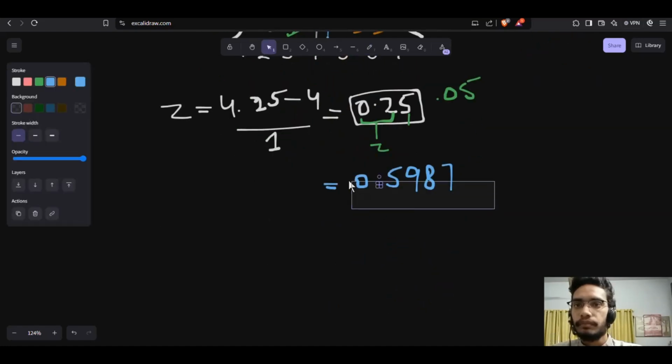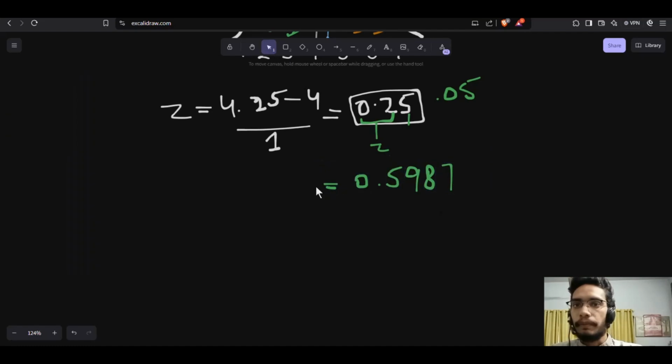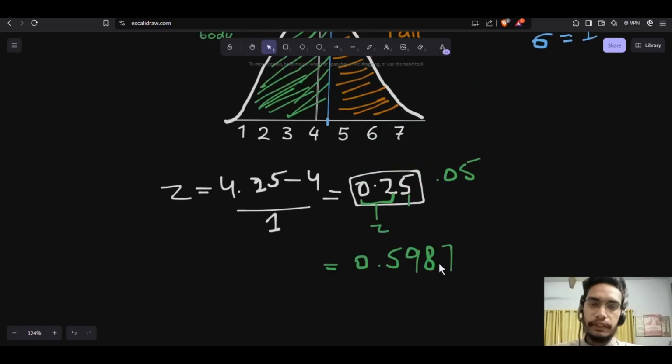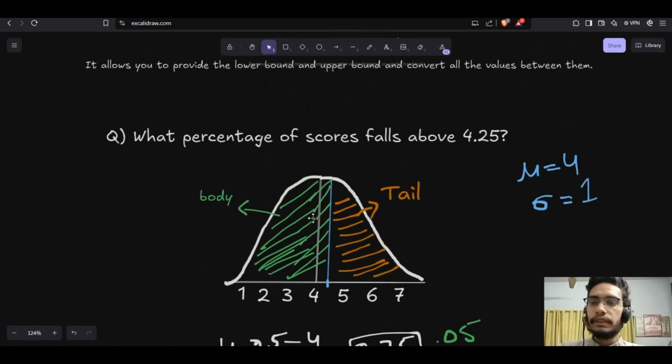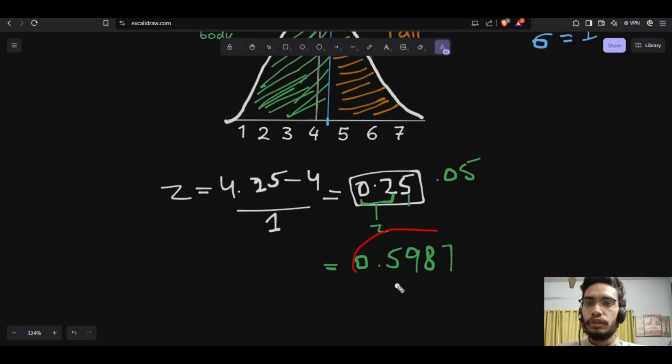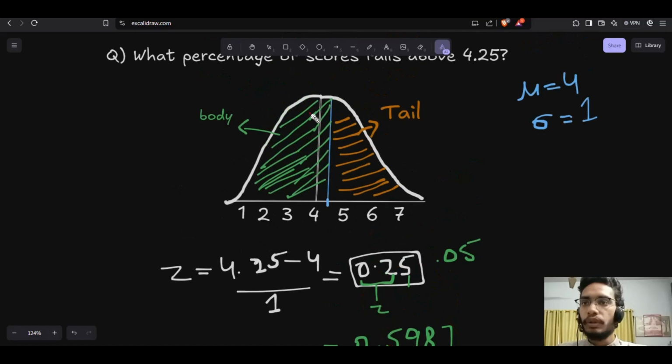Clear? Are you guys clear till now? Now what is this value? Remember what I'm trying to say, this value represents the total percentage of data. This value 0.59 represents the total percentage of data that is present in this body, that is present before this point, 4.25.